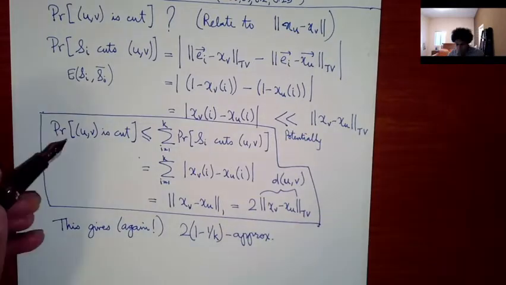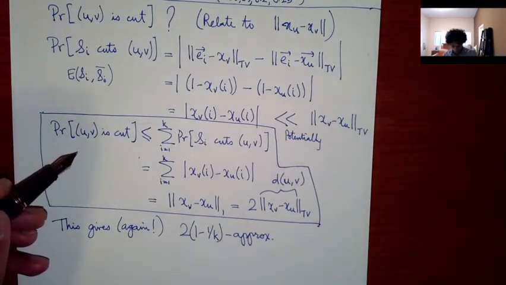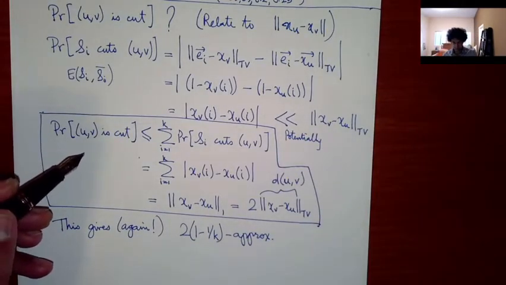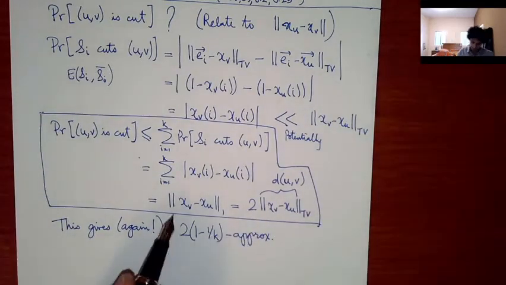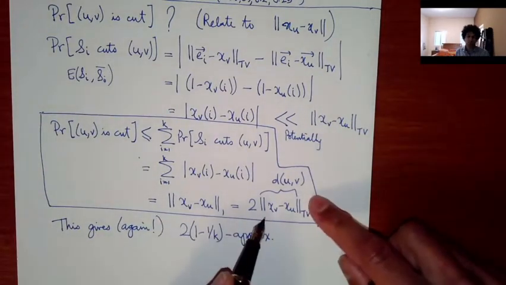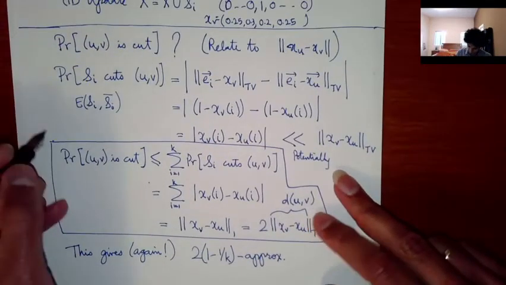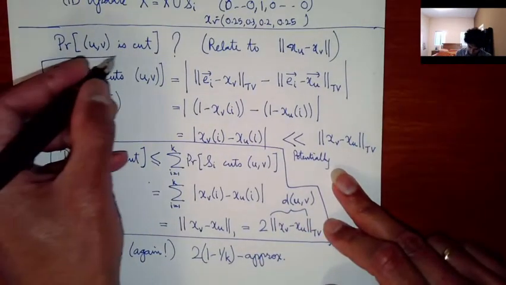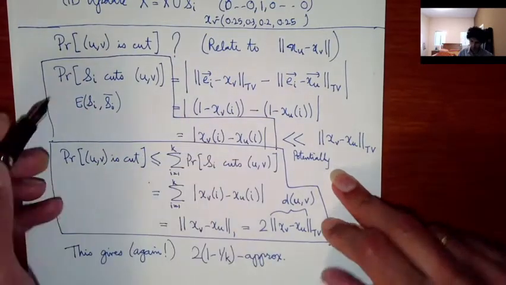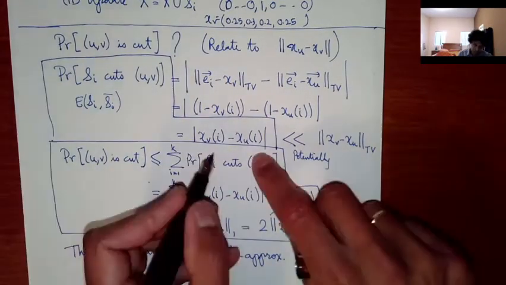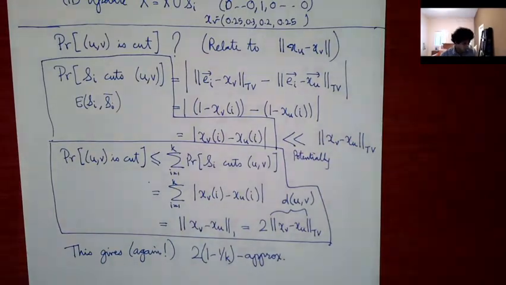The probability that UV is cut is basically twice the variation distance, but this is also very important: the probability that S_i cuts it is exactly the difference between the ith coordinate.